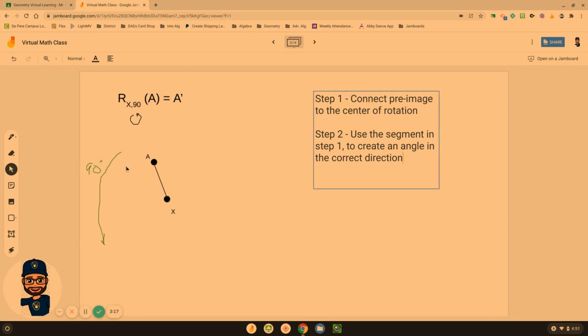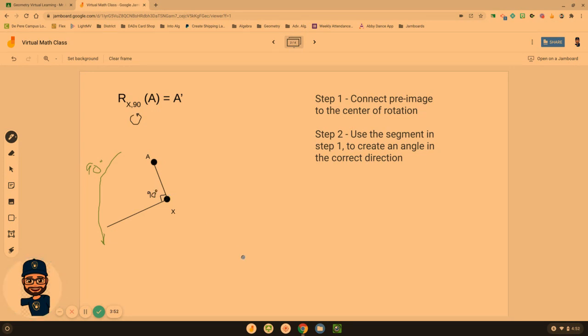If I need to go 90 degrees counterclockwise, that means this is my base, and because we don't have all of the tools at our disposal, we're going to try and draw something that's pretty close. So I'm just going to draw this line. How do I know that that angle measure is 90 degrees? Well, because we're using 90, we can use the 90 degree symbol like such. Or I could just say that this has to be 90 degrees.